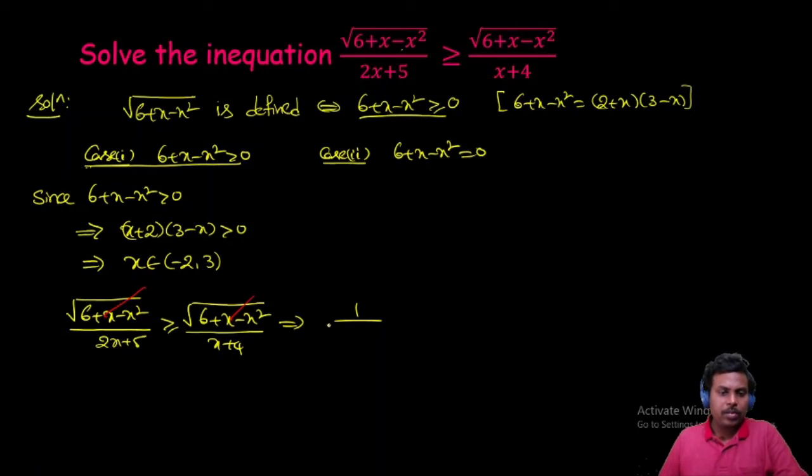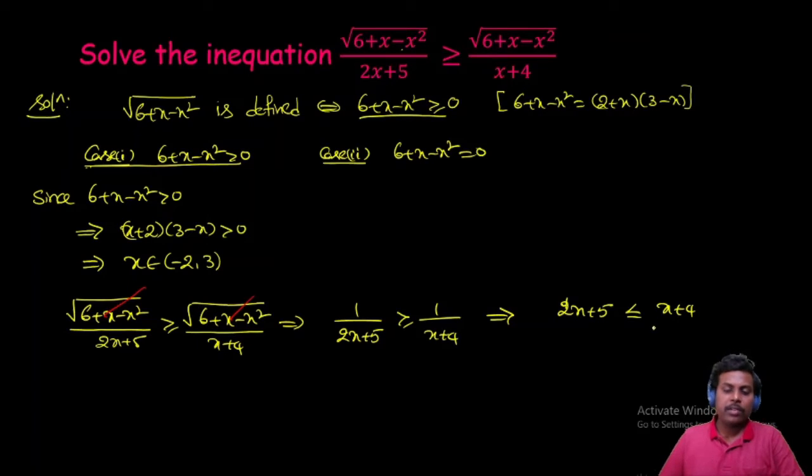Okay. Now this is 1 divided by 2x plus 5 greater than or equal to 1 divided by x plus 4. So with the property of real numbers, 1 by a greater than or equal to 1 by b implies a is less than or equal to b, that is 2x plus 5 is less than or equal to x plus 4. The inequality reverses actually. Okay. So what is the solution here? So this is 2x minus x is x, and x is less than or equal to minus 1.